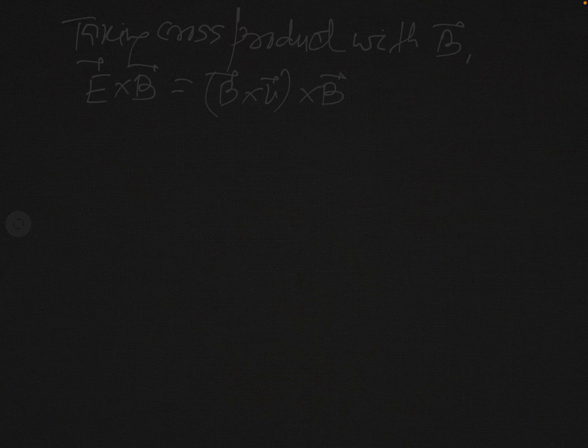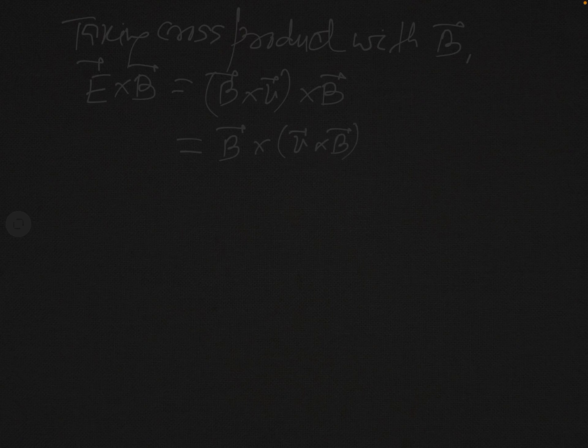So taking the cross product, or you can say vector product, with vector B, the equation will be E cross B, and this will be actually equal to B cross V cross B. This is B cross V cross B.